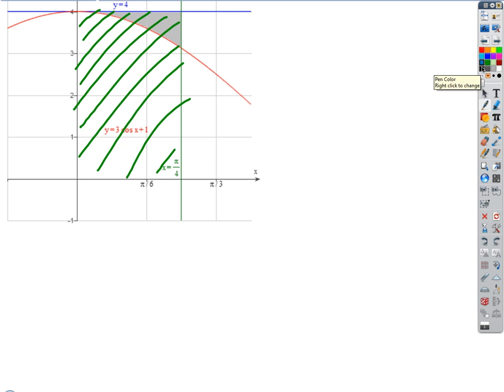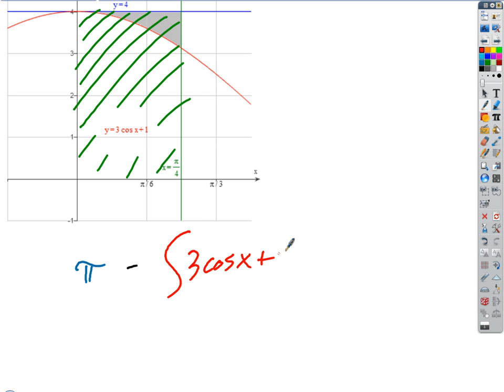What is the area of that rectangle? Pi over 4 times 4, so pi, right? So we end up with pi minus. Now what about the red area? What's that going to be? Okay, so we have to take the definite integral of 3 cosine x plus 1.